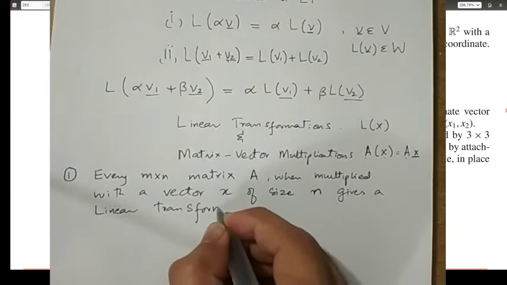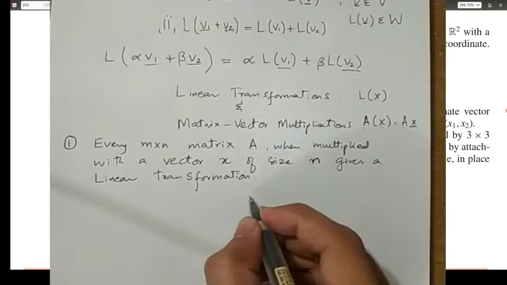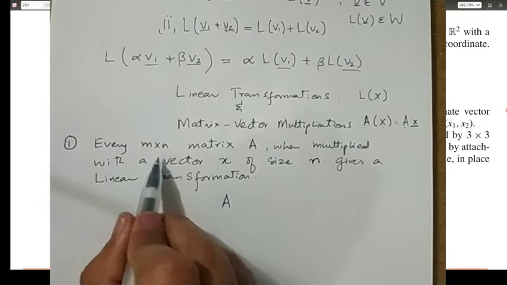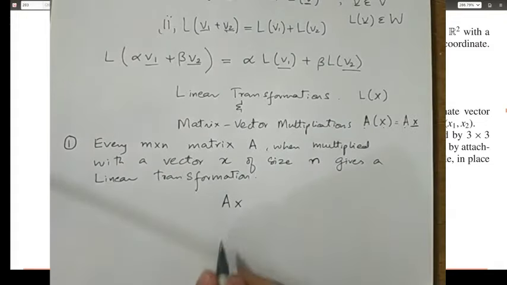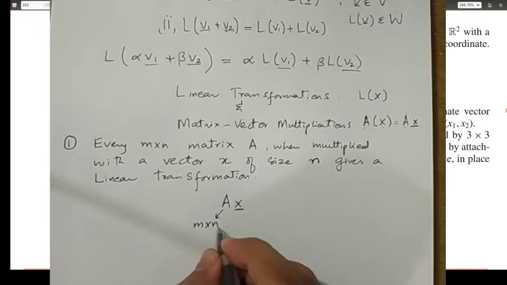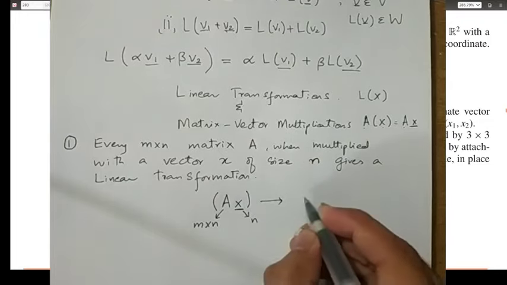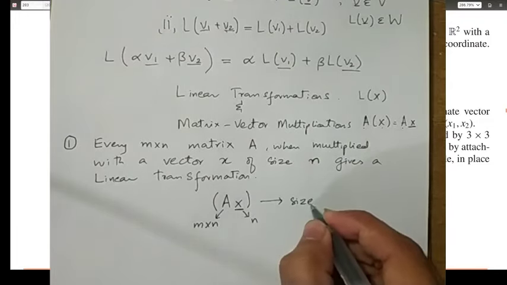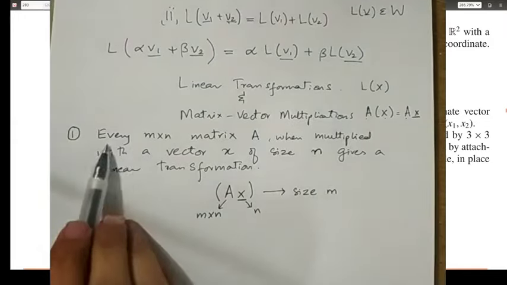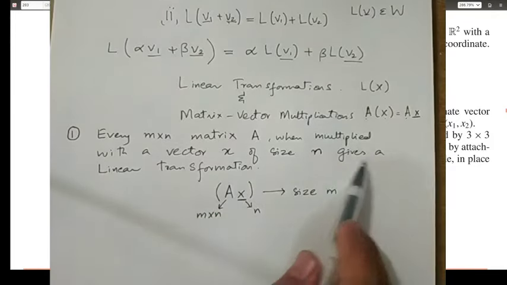And that's very easy to check. So what it's saying is that if you take a matrix of size m by n and you multiply it with a vector of size n, this entire result is going to be of size m. So every m by n matrix A when multiplied with a vector x of size n gives a linear transformation.